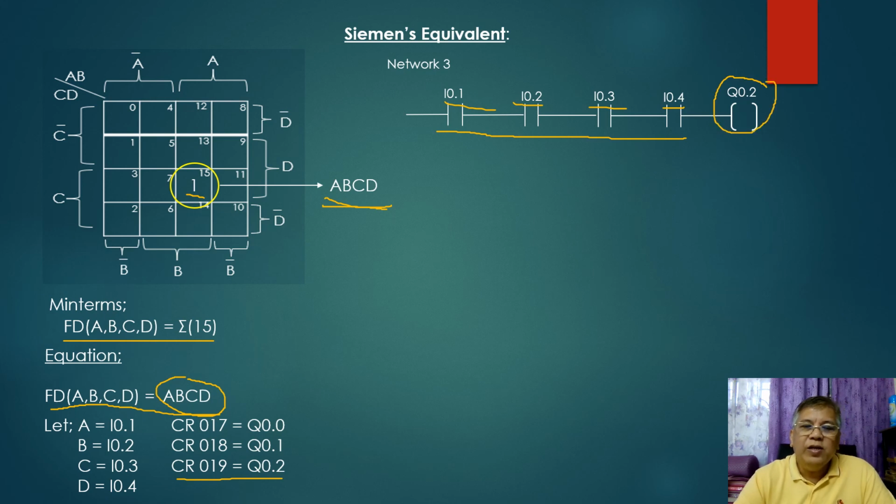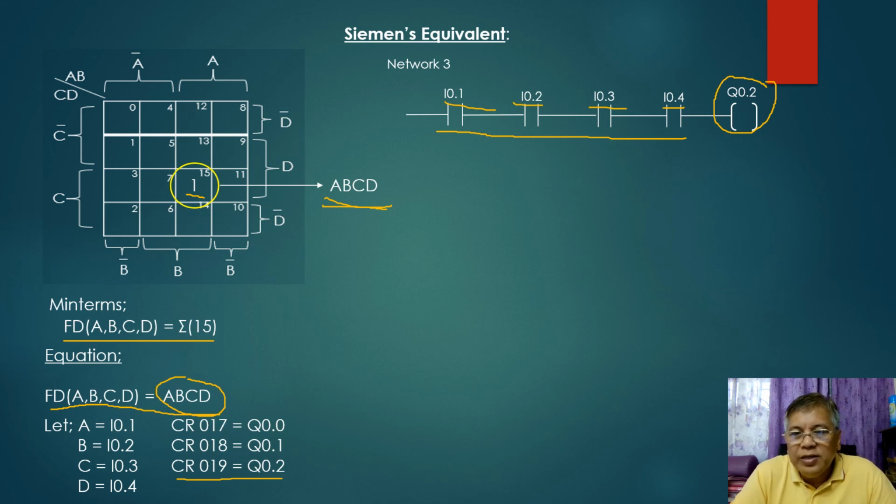Q0.2. Okay, so this is how to solve a problem when there are conditions provided in that particular problem. But again, if the problem stipulates that it has its own start, stop, seal, and interlock, then you have to make use of the solutions that we have in problem 1.